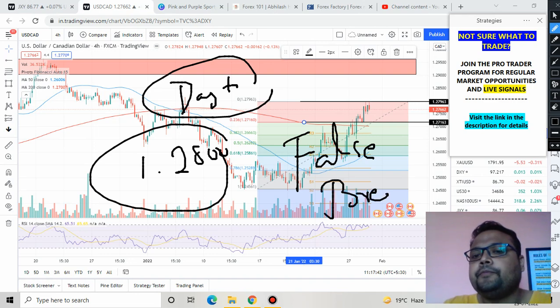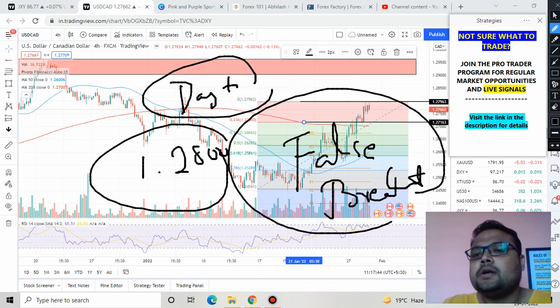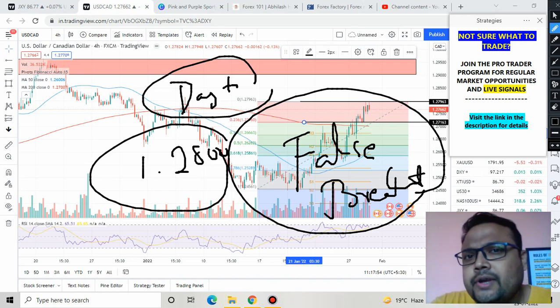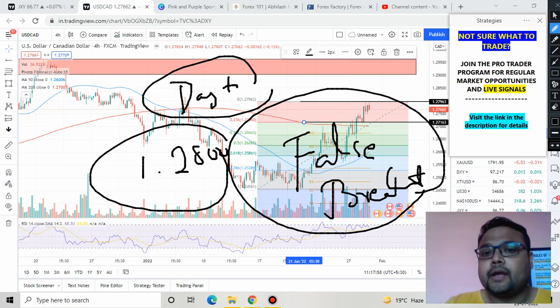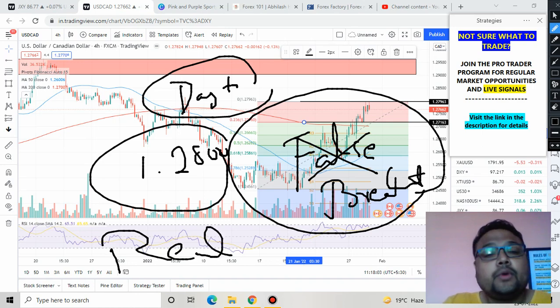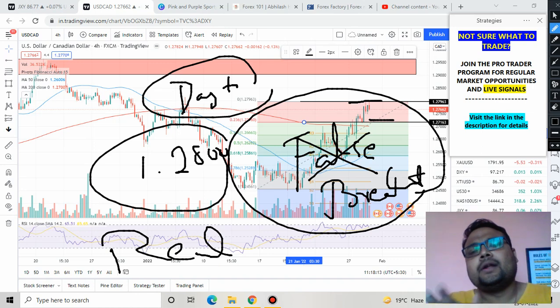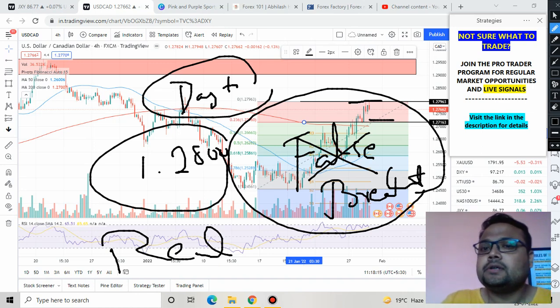If you see that price has crossed 1.2800 and the market is trading comfortably above the level, then you can consider it a real breakout, and you can take a buy position above 1.2800. Your target will be the level 1.2900, around 90 to 100 pips.